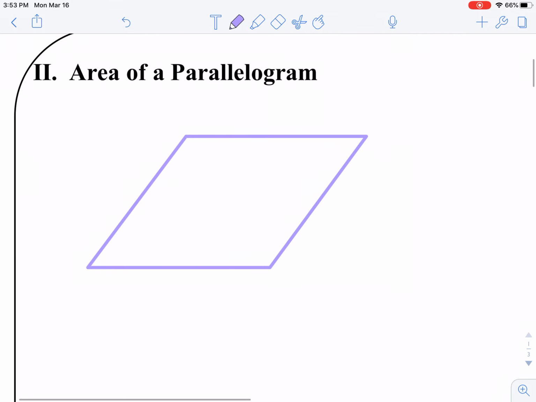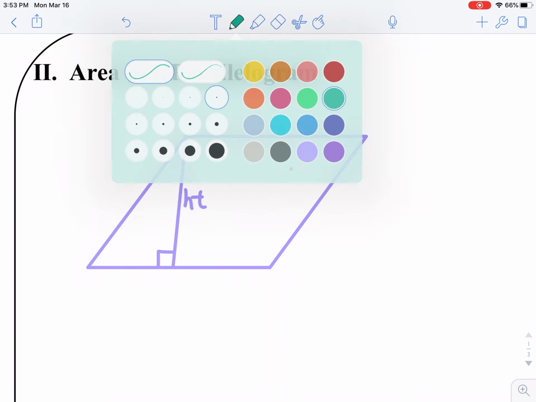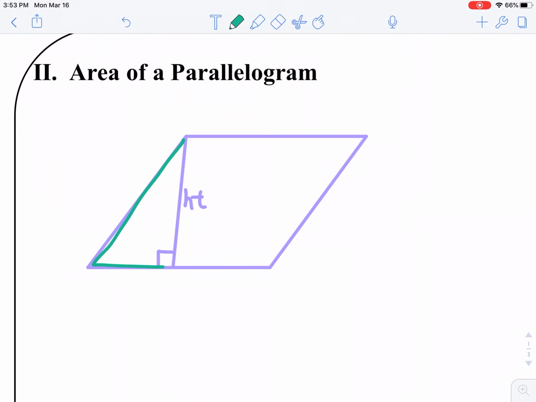So if I take a look at this parallelogram and I break this piece off, this triangle essentially, and I make this a right triangle where I've dropped that altitude that calculates that vertical perpendicular height, I could actually consider tracing this triangle.